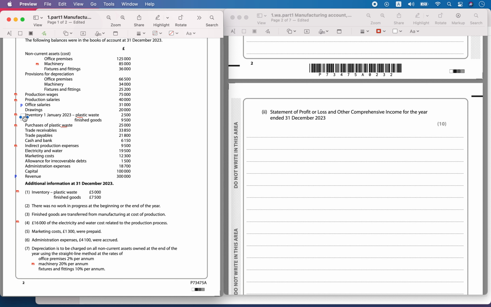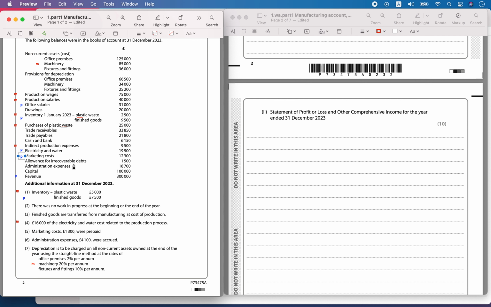Then cost of production will come. Then you have the closing finished goods. And then let's see what else is there. Electricity and water, some was related to the production and the rest is going to be related to profit loss. And then you have marketing expense, marketing cost.